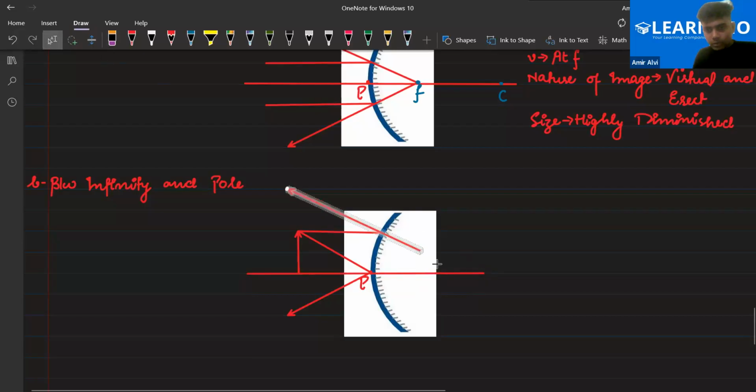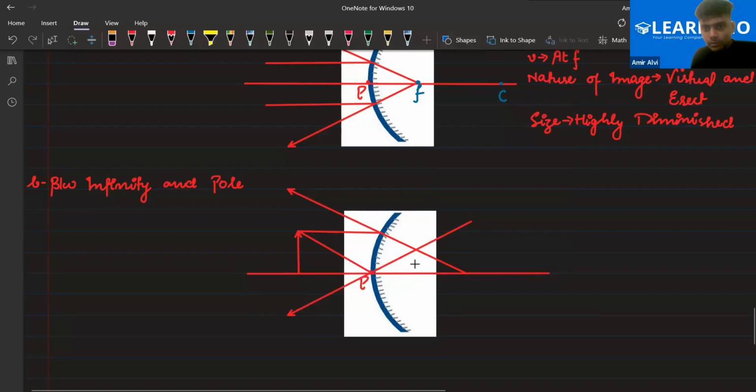Extend. Over here. So as you can see, this is the point of intersection over here, everyone.